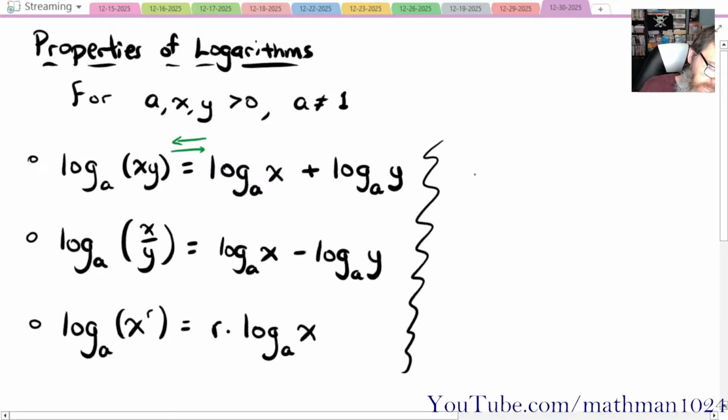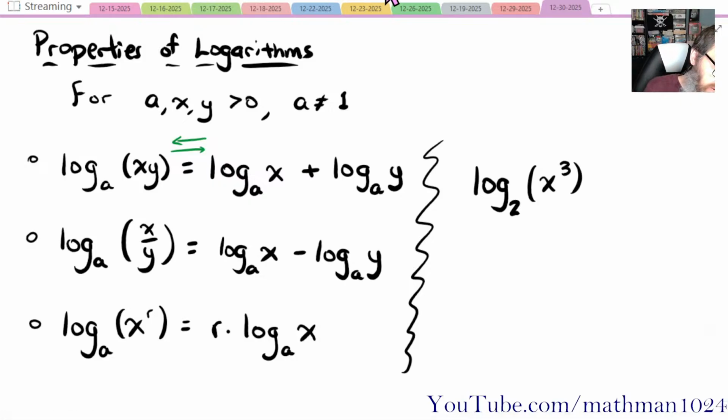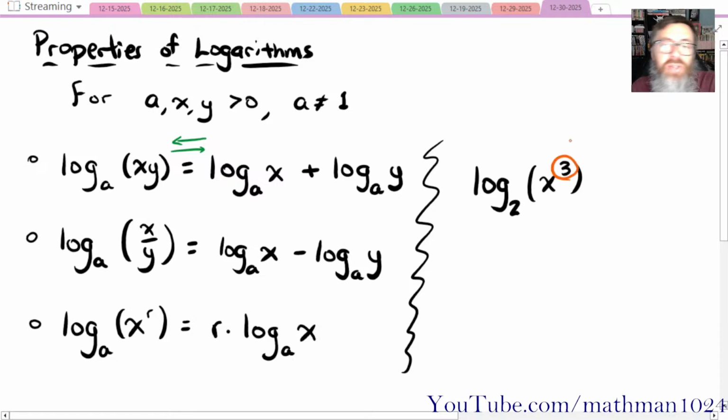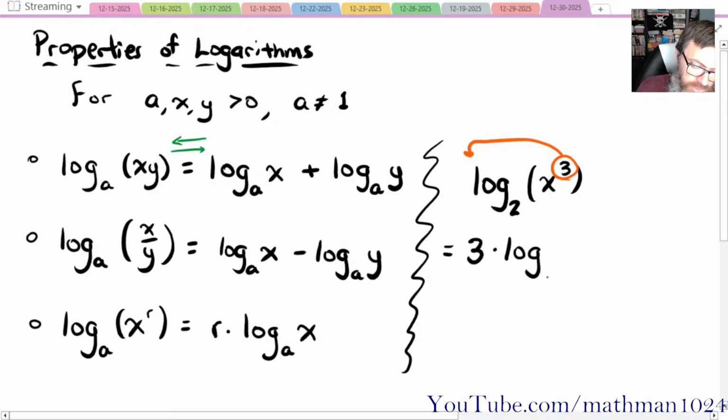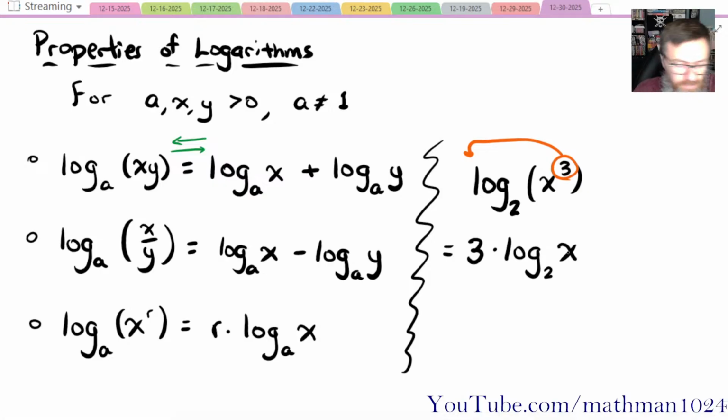Well, if I have log base 2 of x to the third, I can take this power that I have inside the log, and I can write that out in front. So this becomes 3 times log base 2 of x. Okay? Powers can come out directly in front.